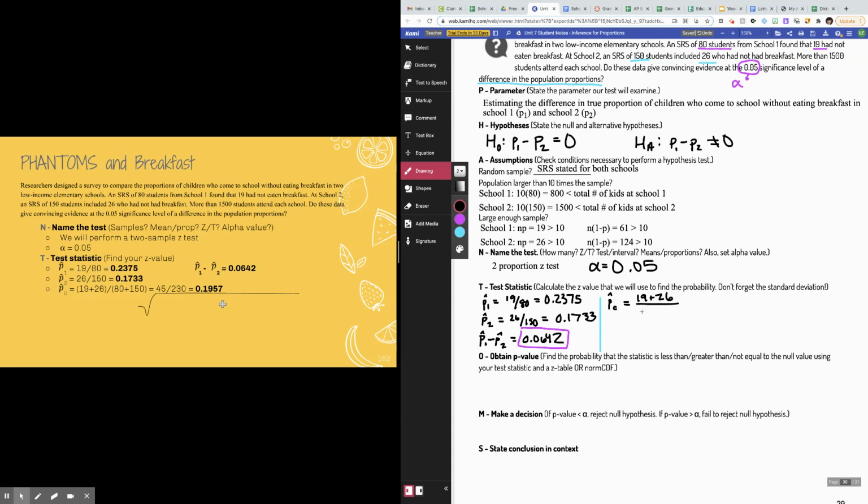So 19 and 26 are the number of successes in each, and my sample size in each of these is 80 plus 150. I'm just going to plug that into my calculator, so I get 0.1957, and we're going to use that in our standard deviation calculation, which comes next.